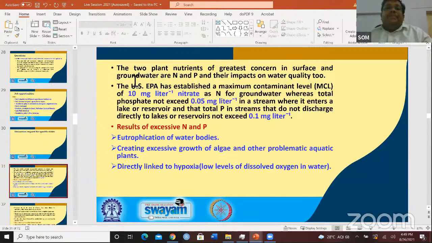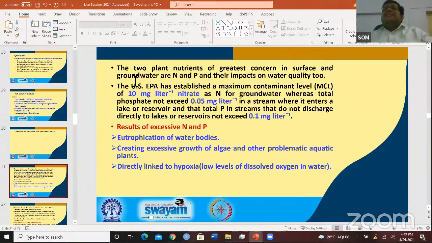The two plant nutrients of greatest concern in surface and groundwater are nitrogen and phosphorus, and their impact on water quality. Obviously, when these nutrients enrich beyond a certain point, that encourages the growth of algae and ultimately reduces the dissolved oxygen.